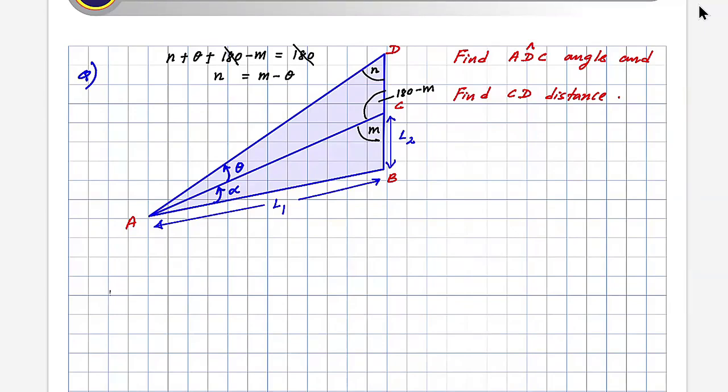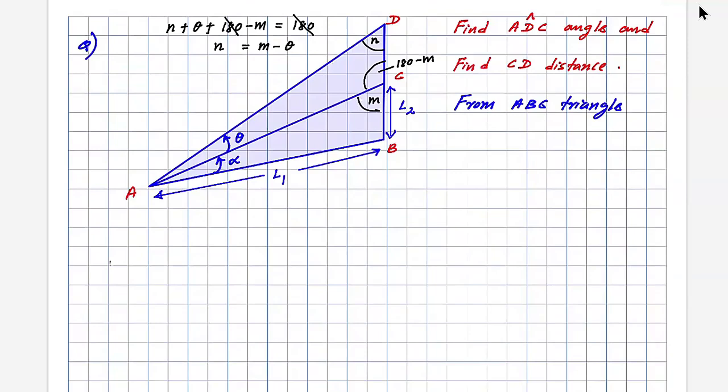So from ABC triangle, right? So using sine rule, you're going to say sine alpha divided by L2 is equal to sine m divided by L1.